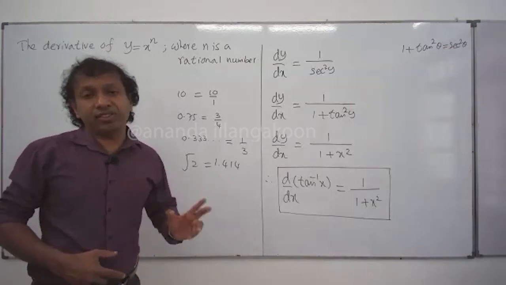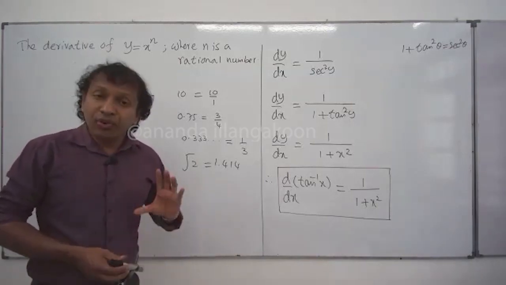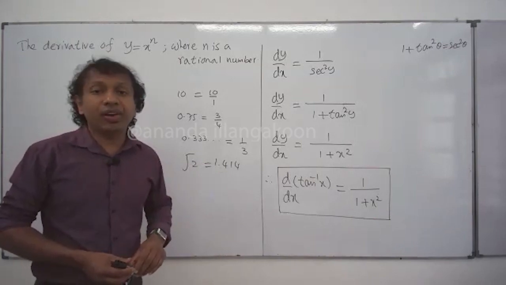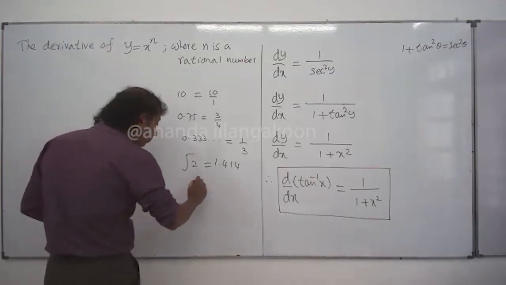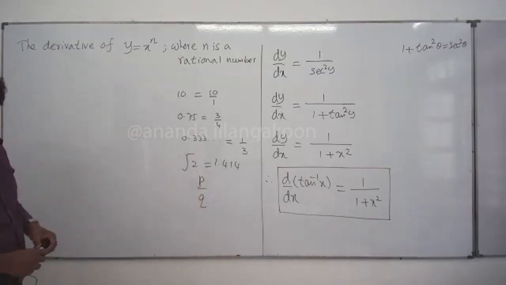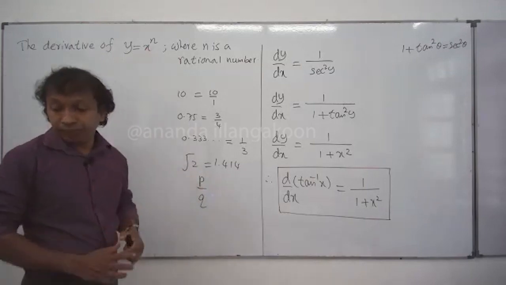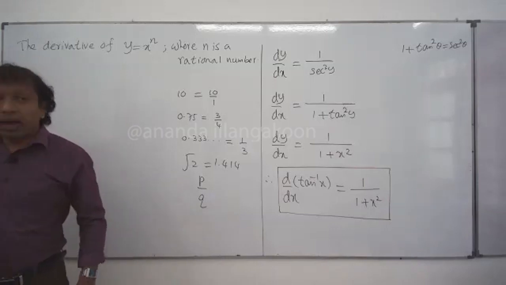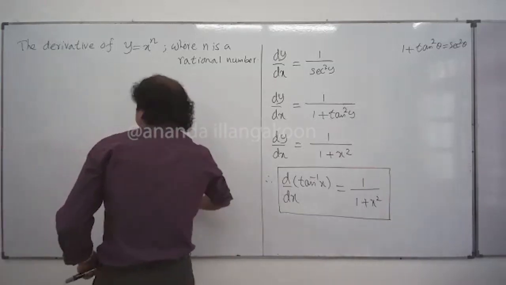Excluding the infinite decimals, the rest are rational. So a rational number can always be written as a fraction of the form p by q. So this n is not like root 2. Understood, right?